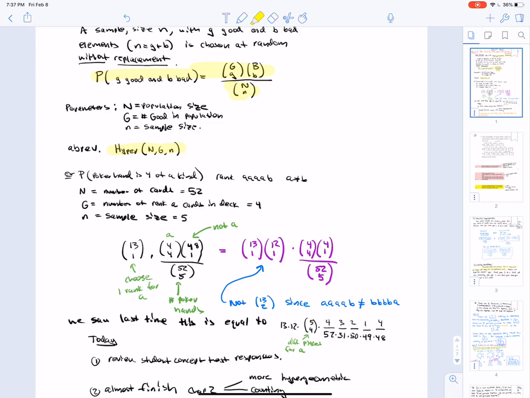And then the probability that you get a 4 of a kind with rank A would be 4 choose 4, then 48 choose 1 for the not A, over 52 choose 5, which you can write in a number of different ways.